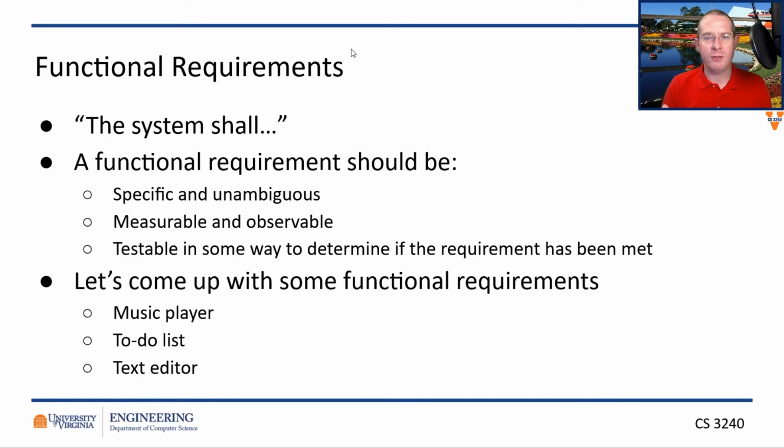Okay? These are all things that if I read it, if you read it, if the programmer read it, we would all have a similar understanding of what the requirement is. This is really, really important because so much about software engineering boils down to clear communication. Can we understand what the customer needs?